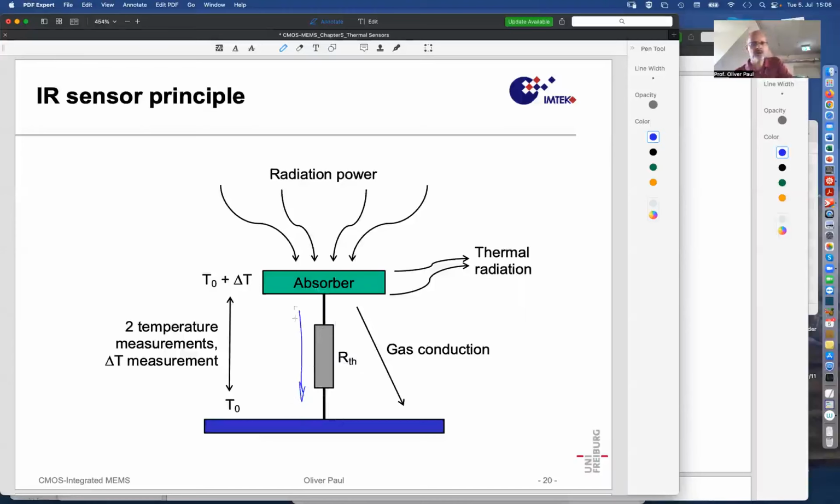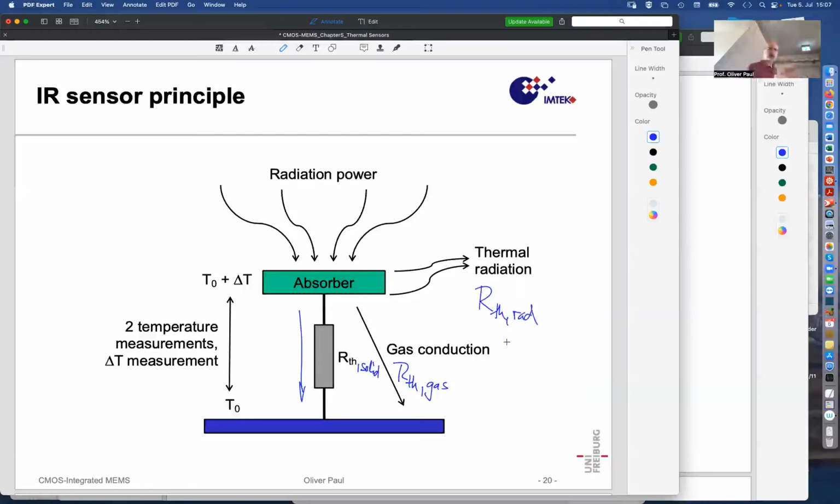So heat is partly conducted by solid materials, but heat is also conducted by gas conduction. That also corresponds to a thermal resistance. Now let me write this as gas and this as solid, and then the thermal radiation also corresponds to a thermal resistance, thermal radiation.